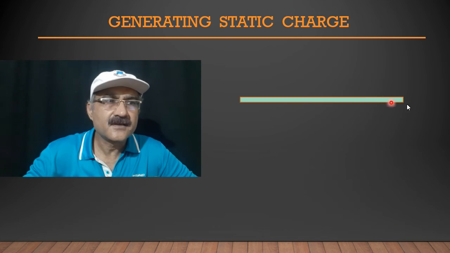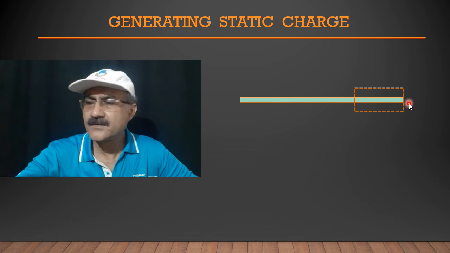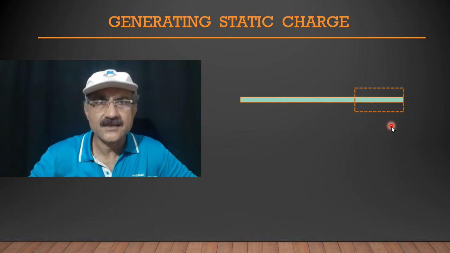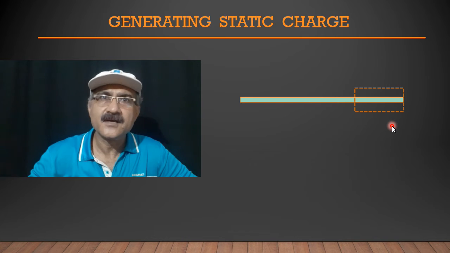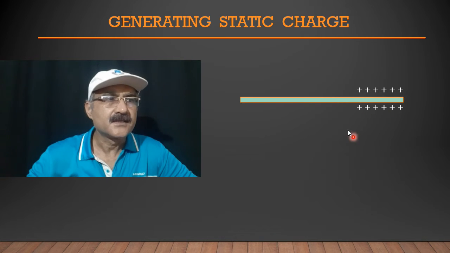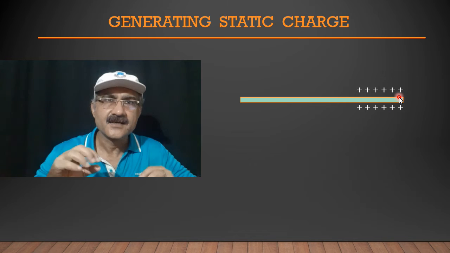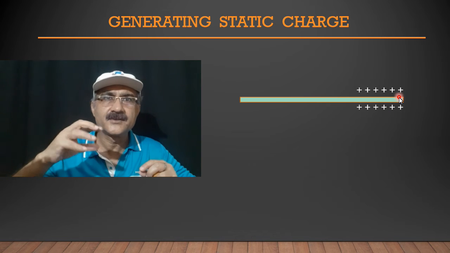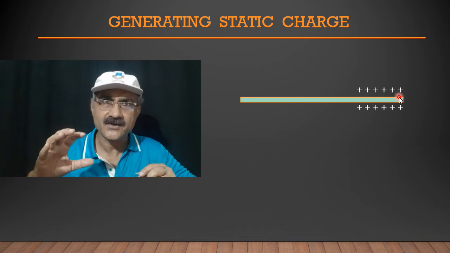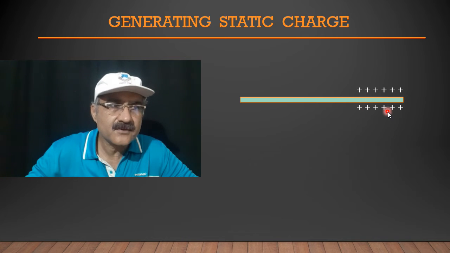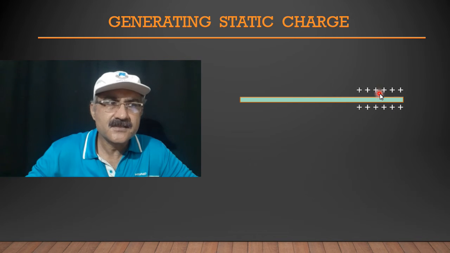Say, if we have a glass rod and we rub this end of the glass rod with a silk cloth, then this part of the glass rod will become positively charged. That part where we rubbed it with the silk cloth. Now understand the point that only this portion will become charged. These charges will not flow to the other part of the glass rod.